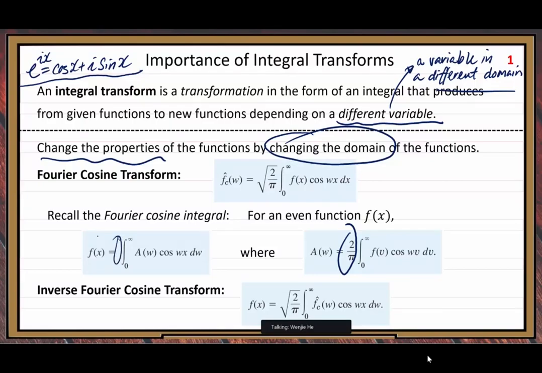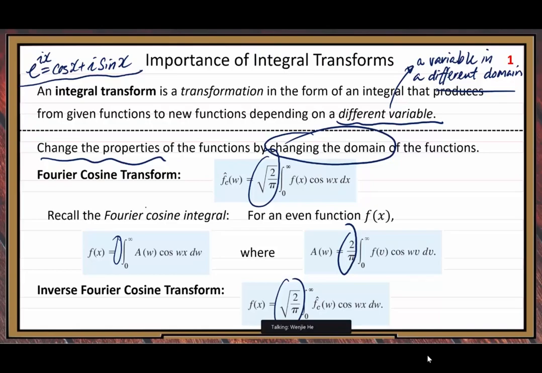And here, in the Fourier cosine transform, root of 2 over pi, the root of the same constant. But that difference is not critical, because we can adjust the constant. So you can see that difference is not critical.